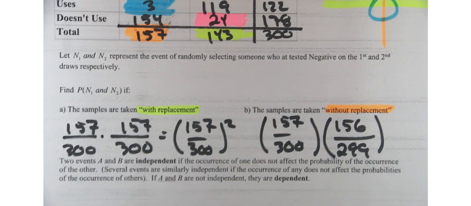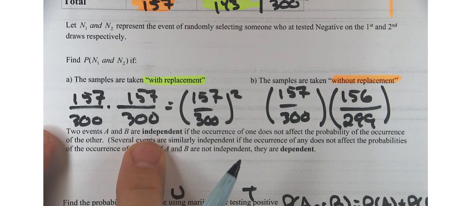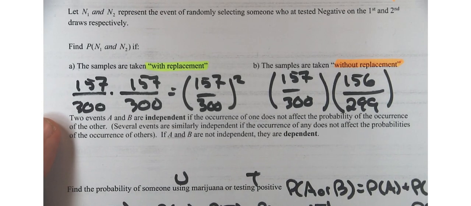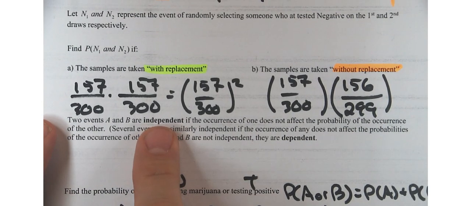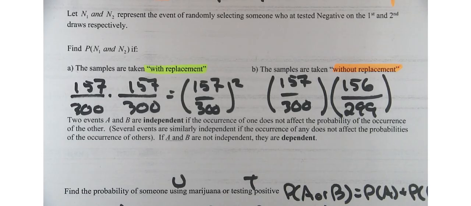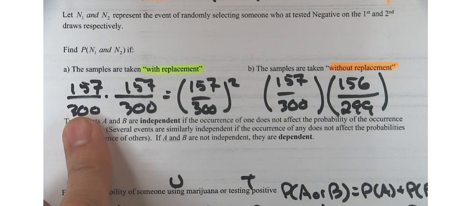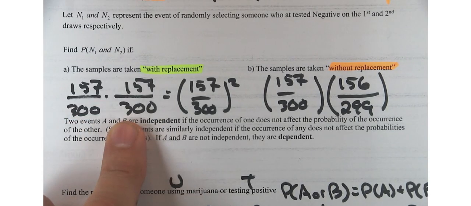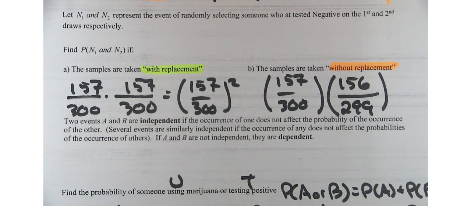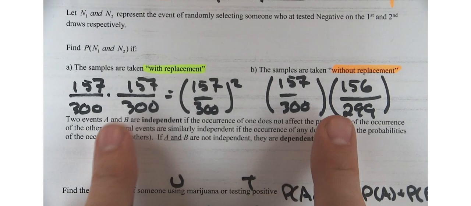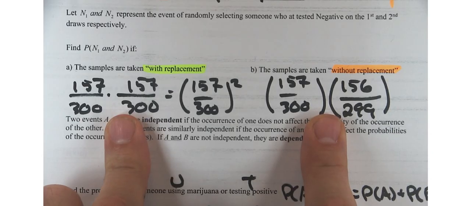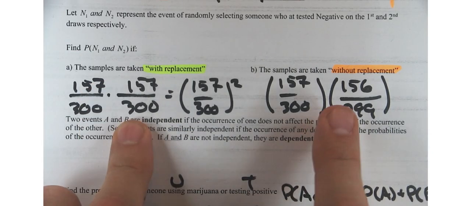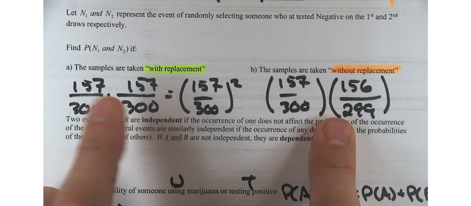So that leads us to this definition down here of independence. Two events are independent if the occurrence of one does not affect the probability of the occurrence of the other one. So whatever happens with the first one doesn't affect the probability of the second one. Which of these two methods of sampling lead to independent events? The first one or the second one? The first one.